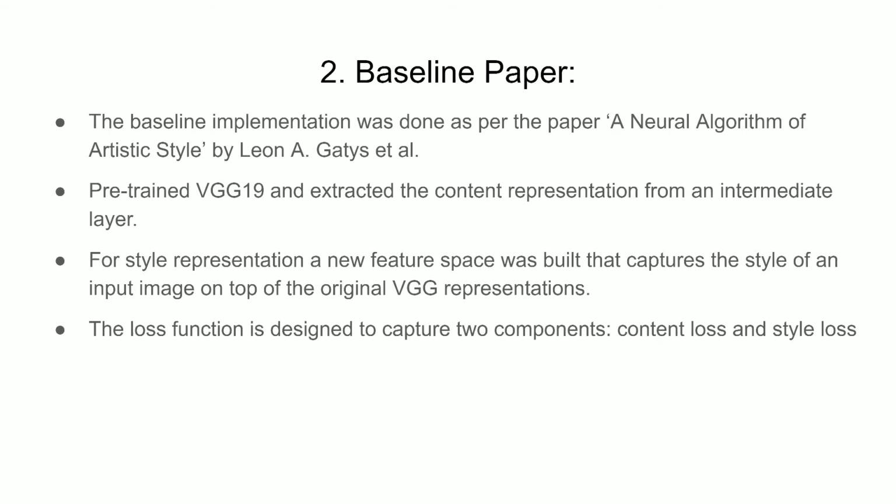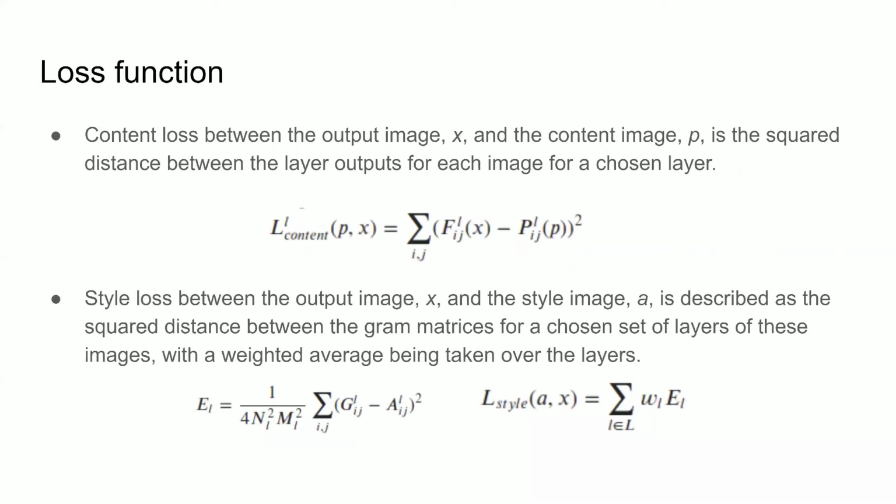The loss function has two components, content loss and style loss. The content loss captures the difference between the content image and the generated image, and the style loss captures the difference between the style image and the generated image. Next, Danish will be talking about the loss function.